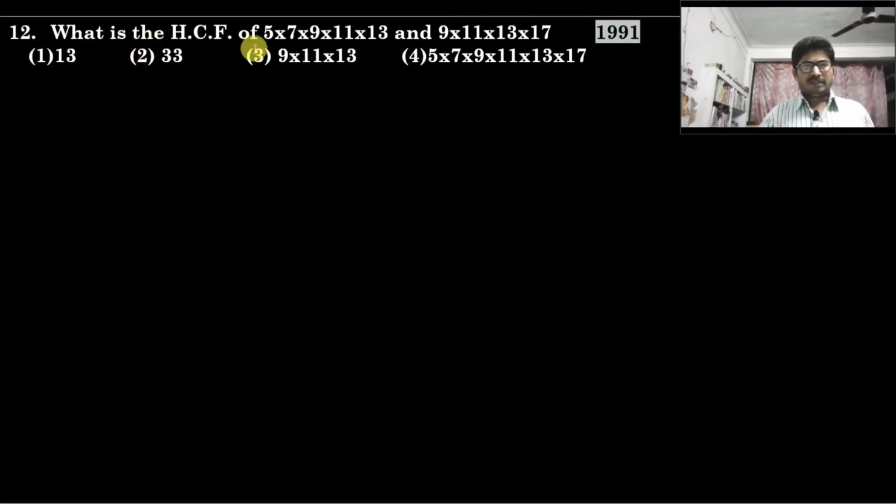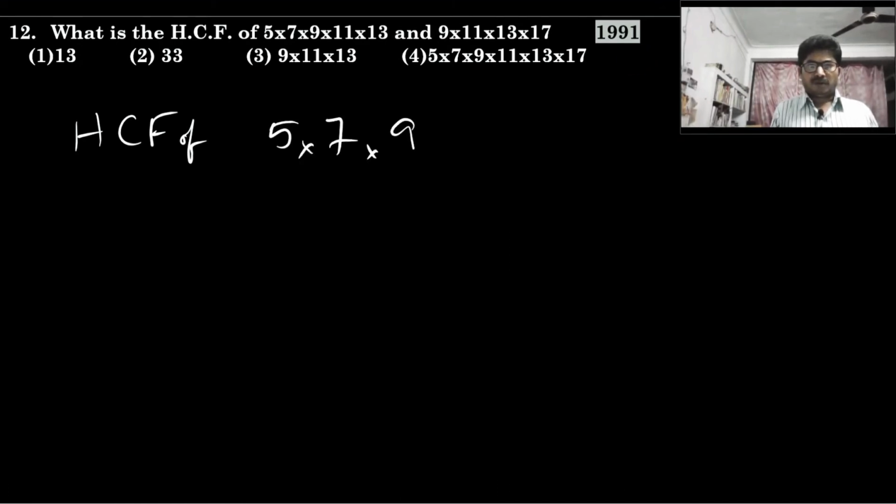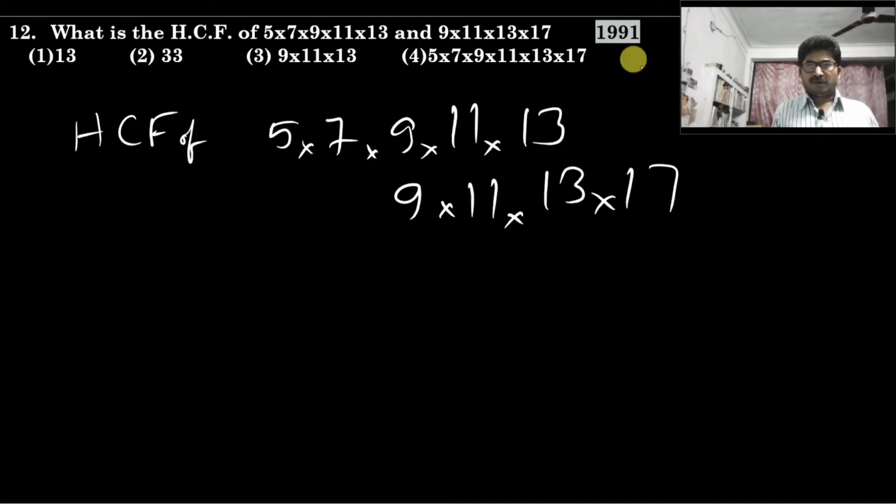12th one, what is the HCF of 5 into 7 into 9 into 11 into 13 and 9 into 11 into 13 into 17? So this is a very easy question. To find HCF, if given like this factorization, we have to take only common ones.